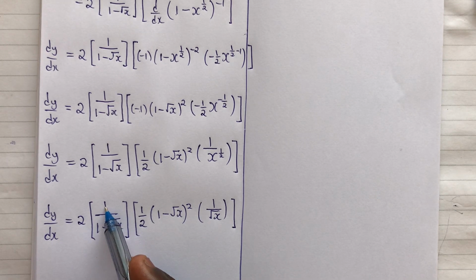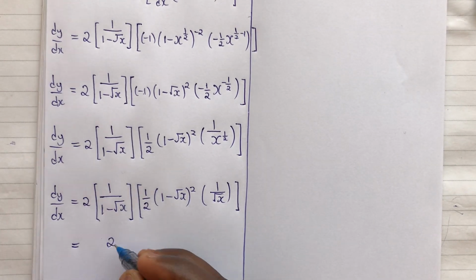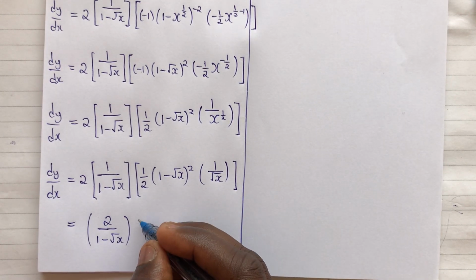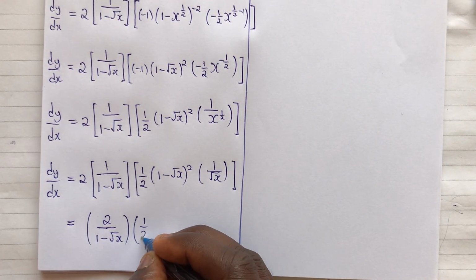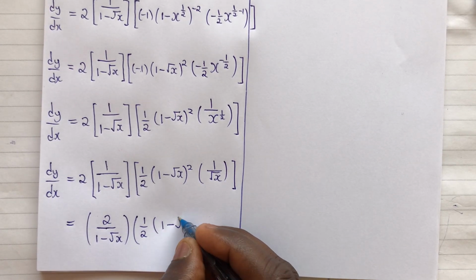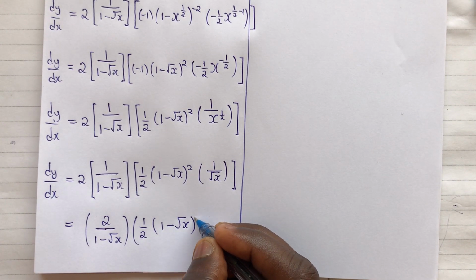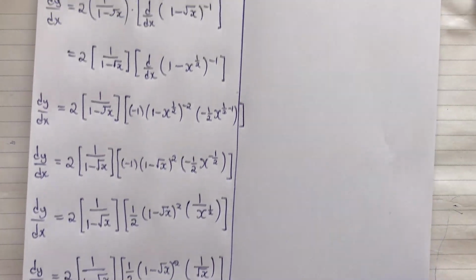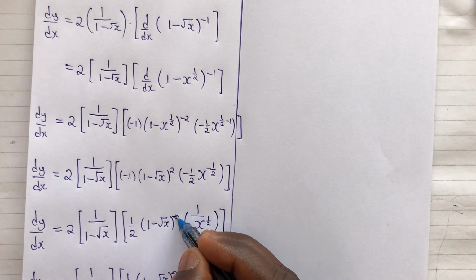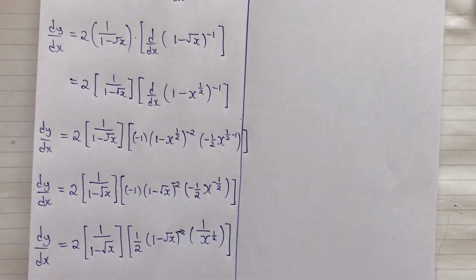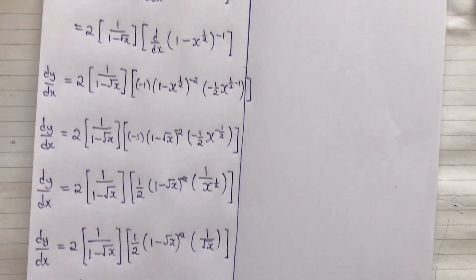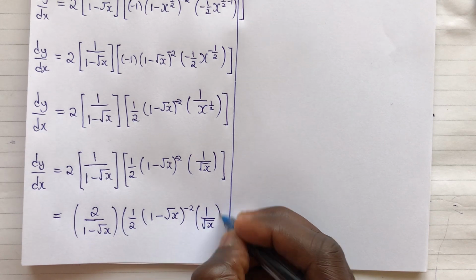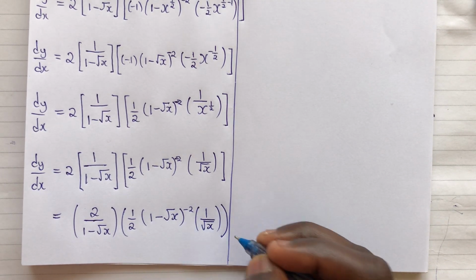These two can multiply this, giving us 2 over 1 minus root x, then times 1 over 2, 1 minus root of x, or minus 2. So I think I made a mistake here. This is negative 2. This side is also negative 2. This is also negative 2. So starting from here, times 1 over root of x. And this is it.